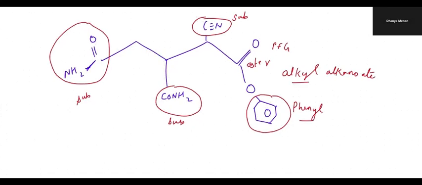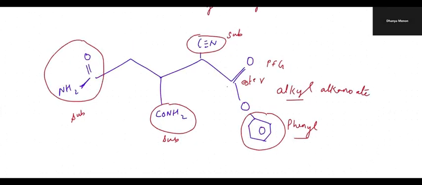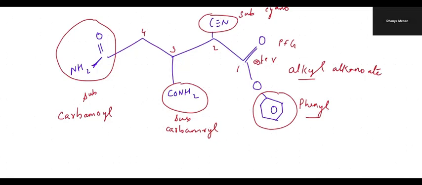So first starting with the numbering, 1, 2, 3, 4. We don't give number to the carbon of the amide. Okay. So if amide is the substituent, the prefix that is used is carbamoyl, here also carbamoyl, and here it is cyano. Okay, so first, whenever we are naming the ester, which is the primary functional group, we write the name of the alkyl group.